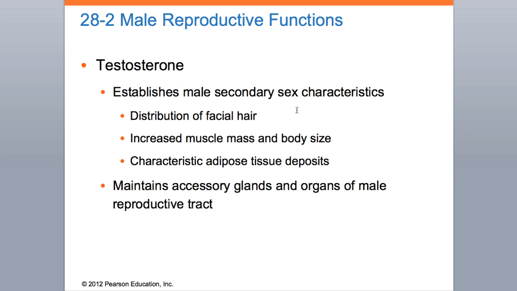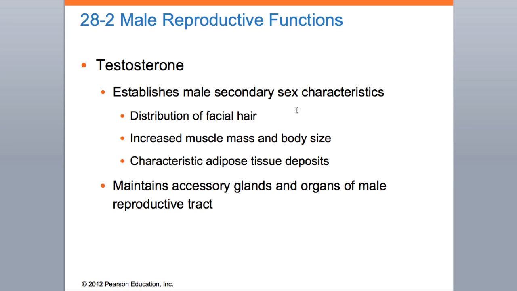Testosterone also deals with your secondary sex characteristics, such as facial hair, increased body mass and body size, and characteristic adipose tissue deposits. That is why, unless a female takes bodybuilding steroids with testosterone, a normal female working out with weights cannot become like a big, heavy Arnold Schwarzenegger type of person.